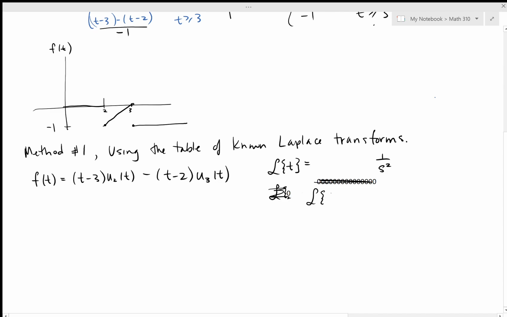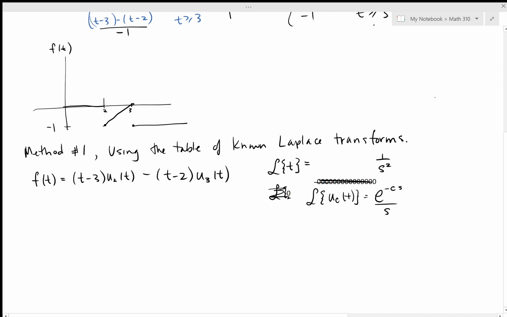So the Laplace transform of, where was I? Here, UC of t from the table, that is going to be e to the minus CS over s.